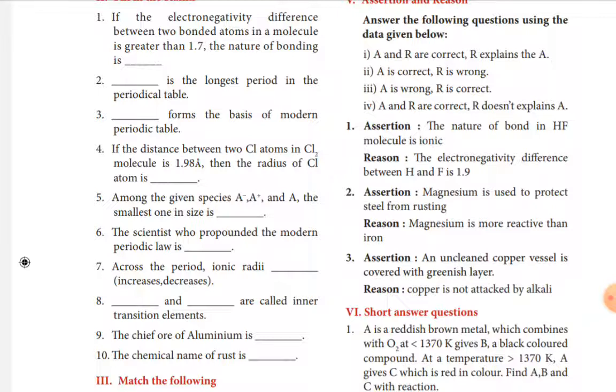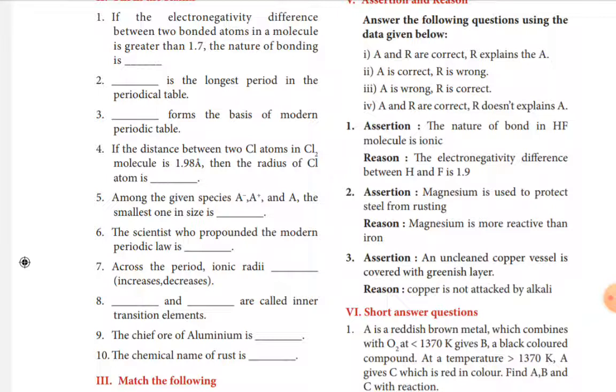Among the given species A minus, A plus and A, the smallest one in size is, actually the cation is smaller compared to its neutral atom, and the anion is greater than the neutral atom. So here A plus, that is the cation, is the smallest in size. The scientist who propounded the modern periodic law is Henry Moseley.